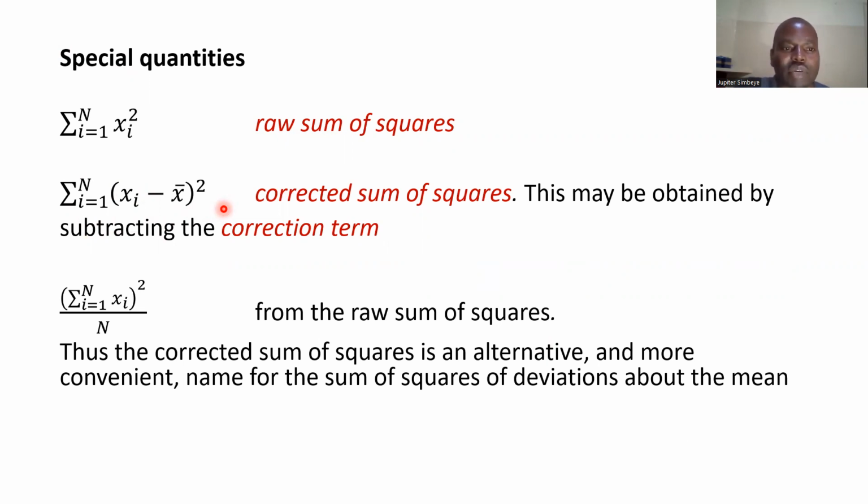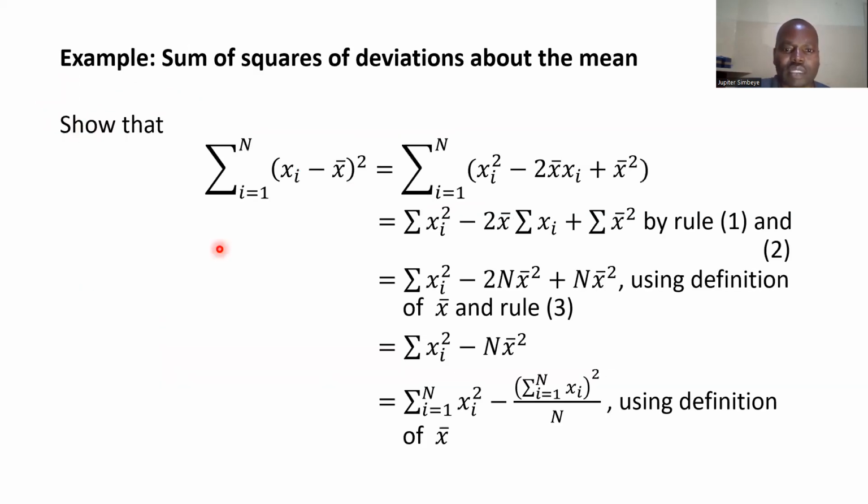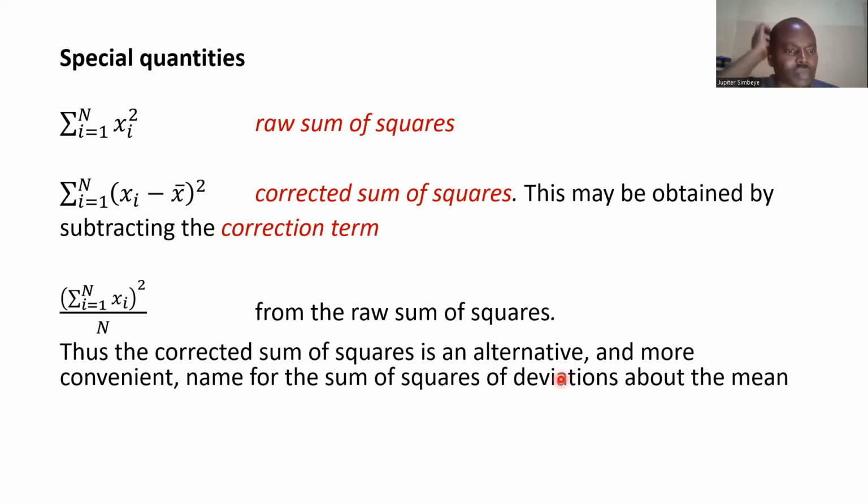This may be obtained by subtracting the correction factor from the raw sum of squares, which is what we have just seen here. Thus, the corrected sum of squares is an alternative and more convenient name for the sum of squares of deviations about the mean.